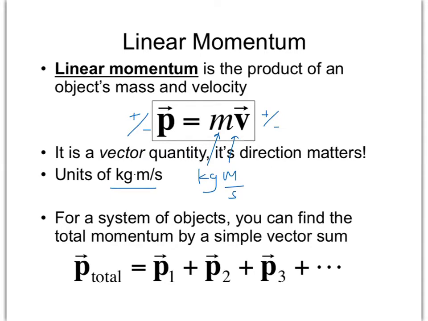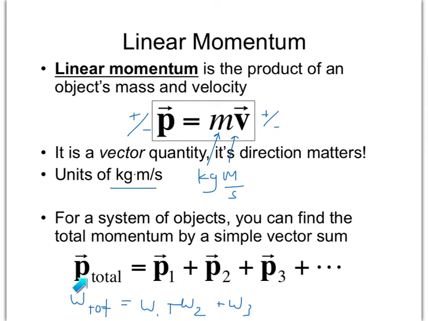All right? So now, momentum behaves a lot like work. Remember how we added up work before? How we said the total work is work 1 plus work 2 plus work 3, and you can have positive work or negative work depending on what was happening to the object. Well, the same thing is true right here. You have momentum 1 plus momentum 2 plus momentum 3.